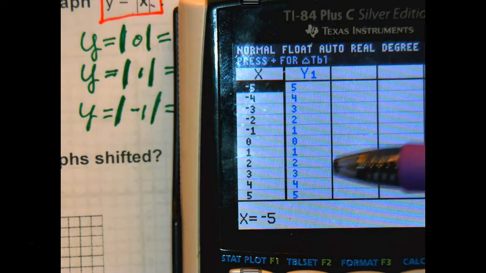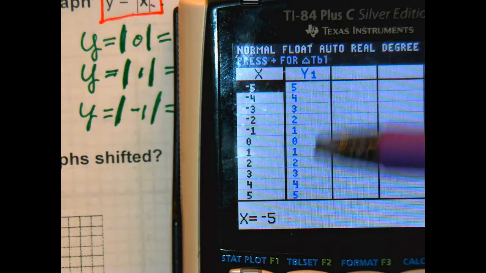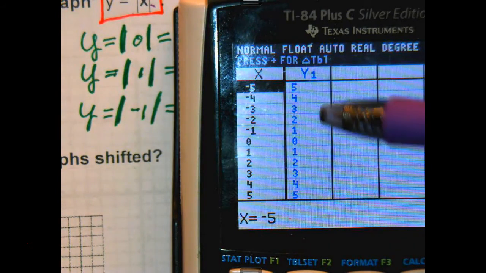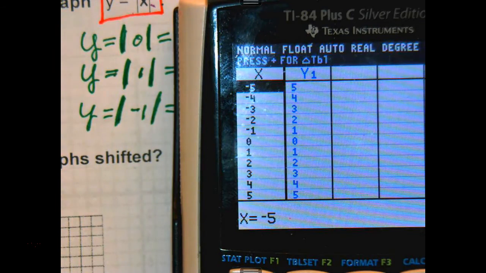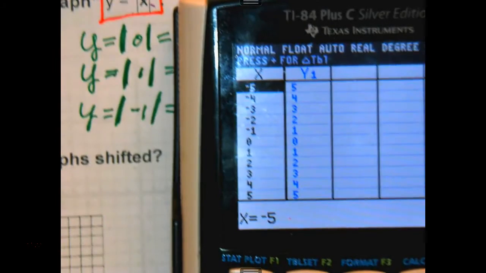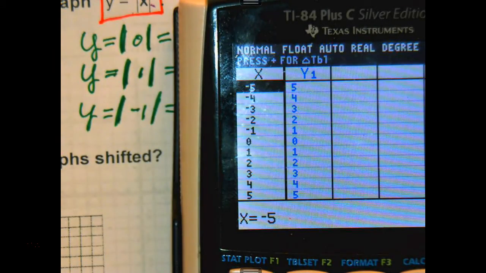Do you see that? I got 1, 1, 2, 2, 3, 3. It's making that V. So I just showed you a real big shortcut on graphing these functions that you can use when we get into tougher functions.